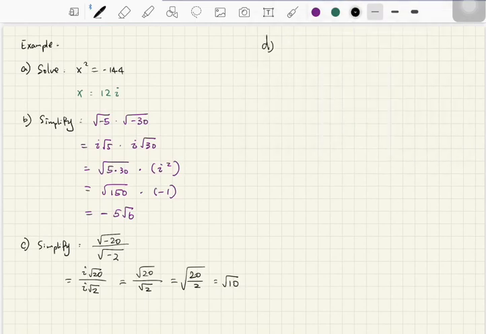The last example we want to do is, I want to write 15 minus square root of negative 75 over 5 in the standard form a plus bi.